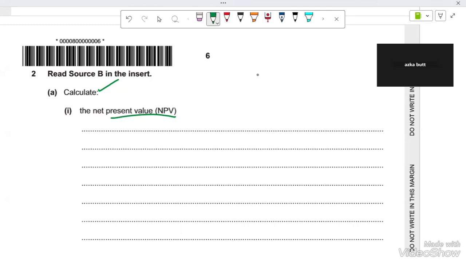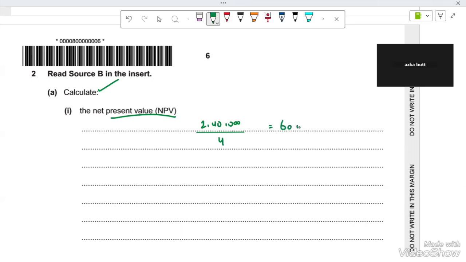Now, first of all, let's find out what the cash flow will be for 1 year. If you look at the question, the initial investment, the cost of the machine, was 240,000, and there's a 4 year life.